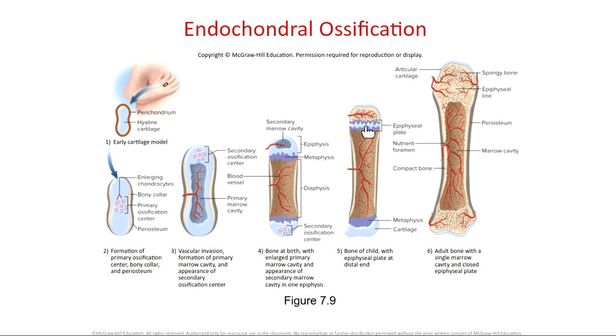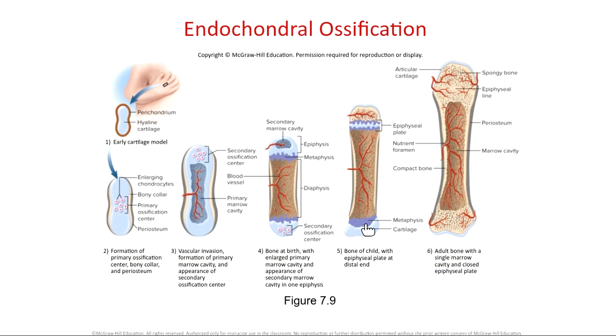The epiphyseal plate is going to be at both ends. So you'll see an epiphyseal plate here between this epiphysis and the diaphysis. You're also going to see, and it's not showing it here, a fully formed epiphysis here at the bottom as well.